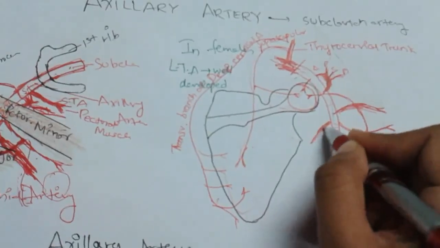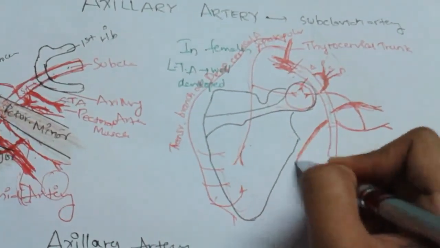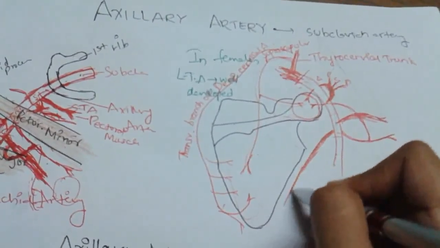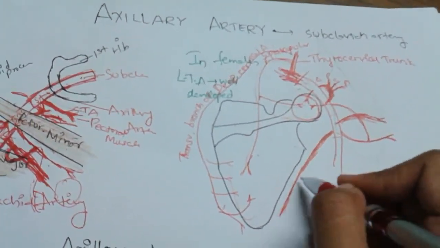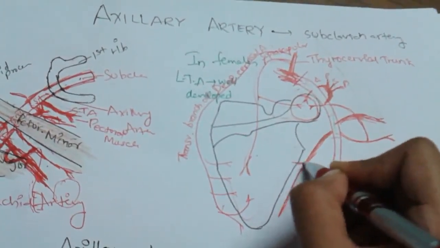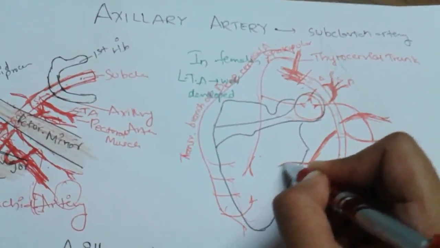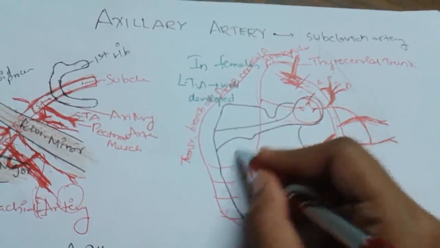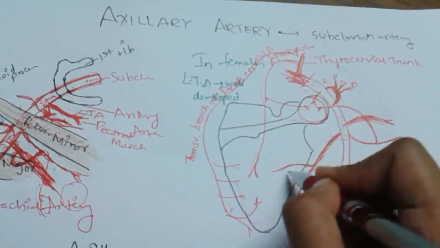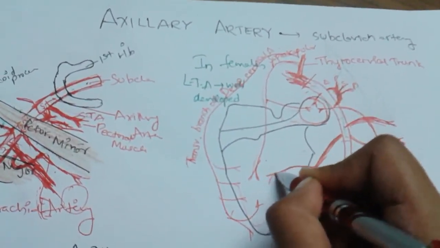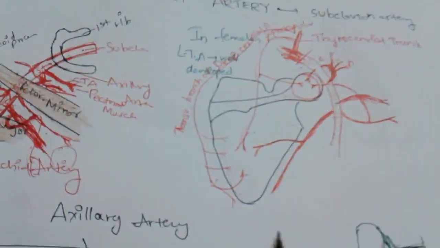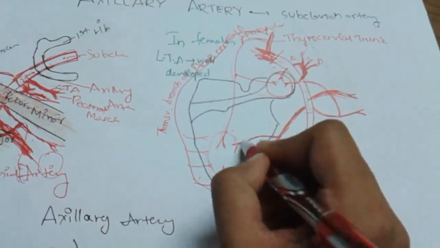Subscapular artery arises from the third part of the axillary artery. This subscapular artery is the largest artery, as I said, and it gives a branch which is the circumflex scapular artery, which passes through the upper triangular intermuscular space, and then it enters the infraspinous fossa and participates in the anastomosis around the scapula. So this is the anastomosis around the scapula.